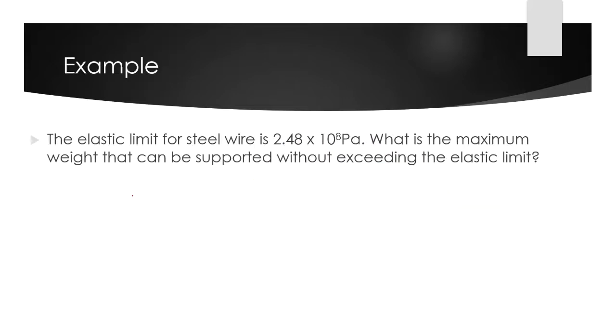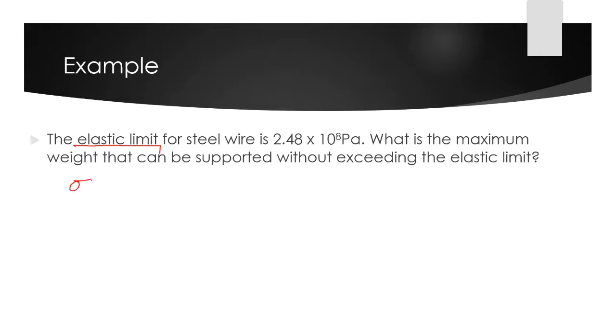Next example we have here, the elastic limit for steel wire is 2.48 times 10 raised to 8 Pascal. What is the maximum weight that can be supported without exceeding the elastic limit? So again, the elastic limit here is the stress for the steel wire.